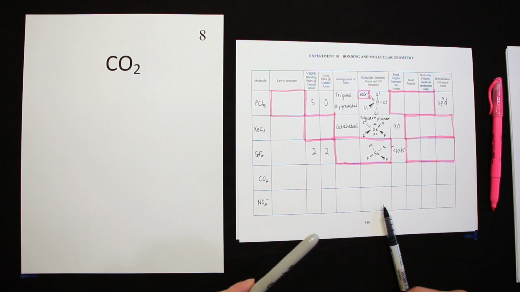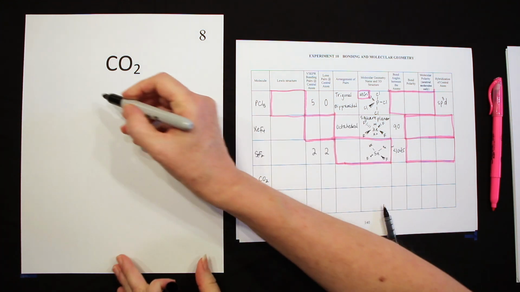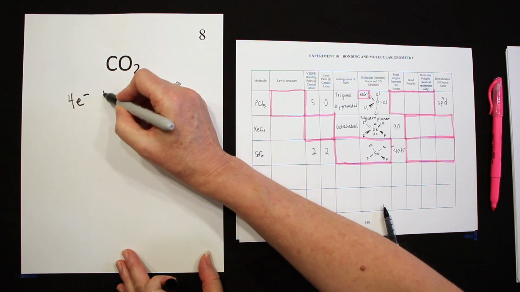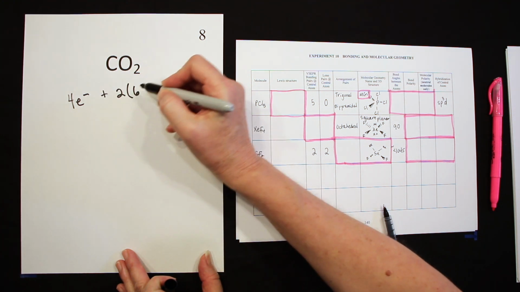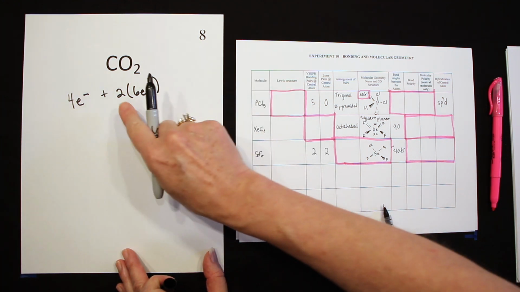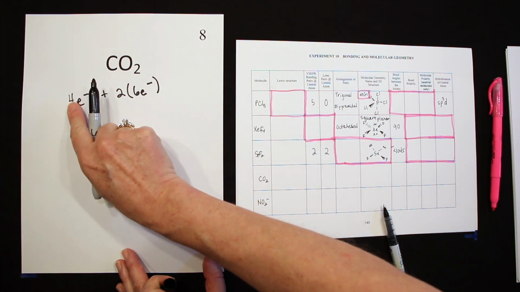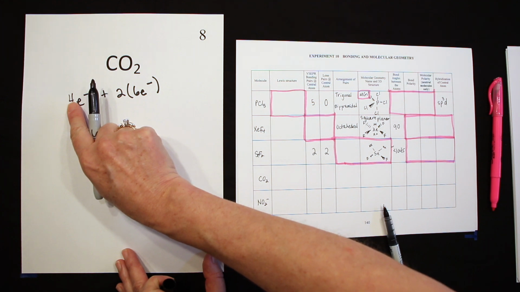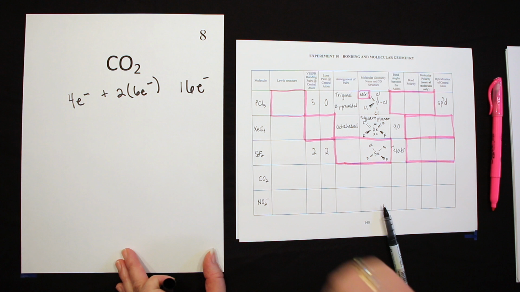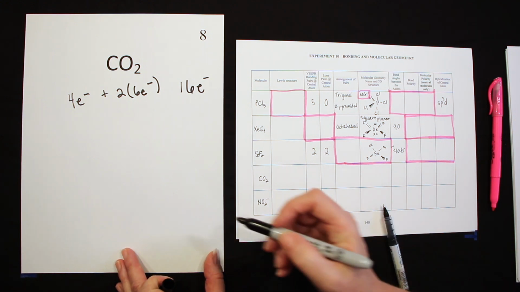Carbon is in group 4, so it has 4 valence electrons, and oxygen is in group 6 with 6 valence electrons. I've got 12 plus 4 is 16 electrons that I need to put in my structure.